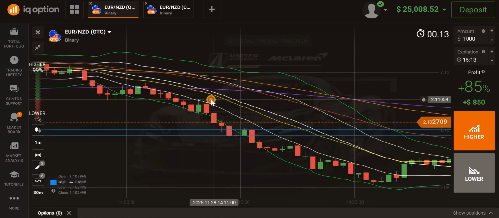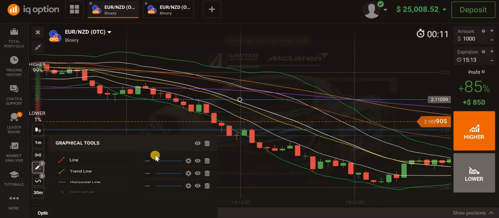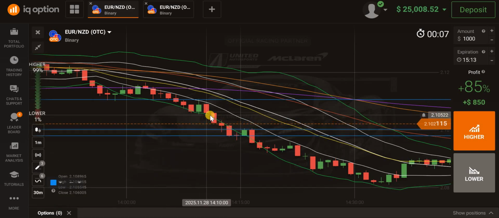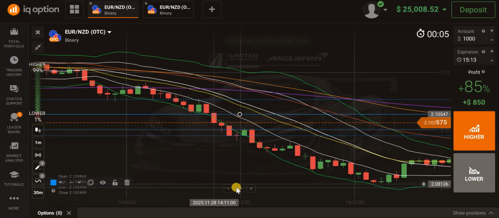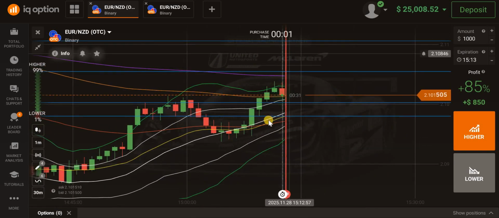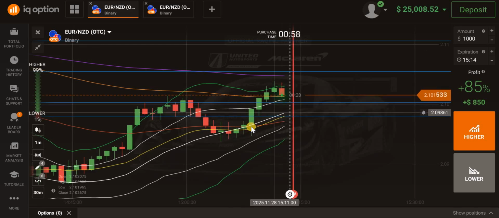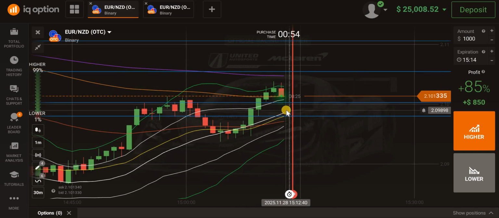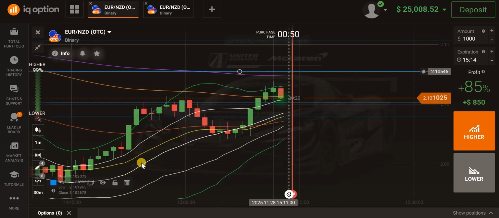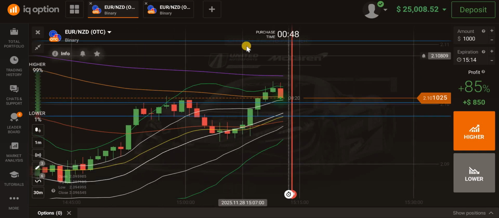It's already getting closer. So let me put it. The zone is big. Inside here is a zone, inside here is a zone, but like I told you, the market will come back down here, and when it comes back down here, let me remove this one so we don't get confused.